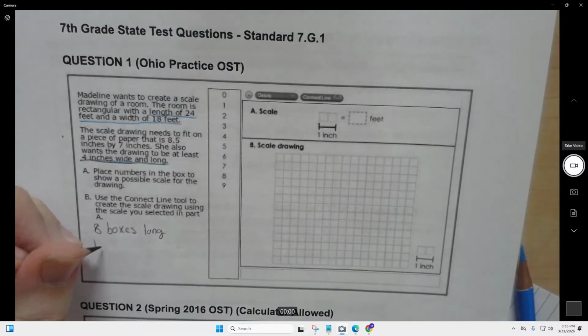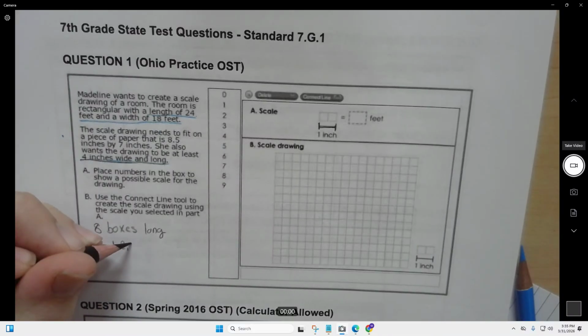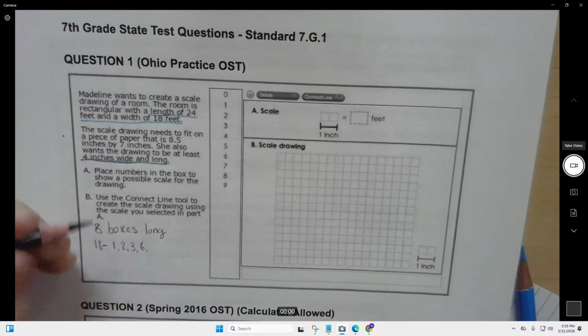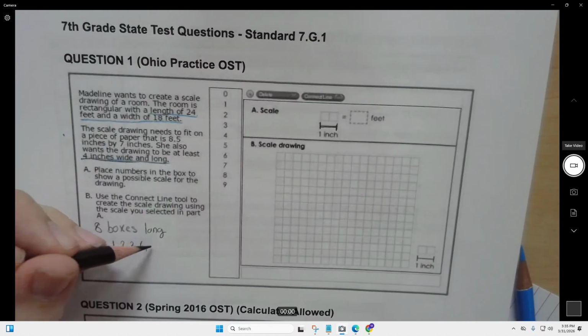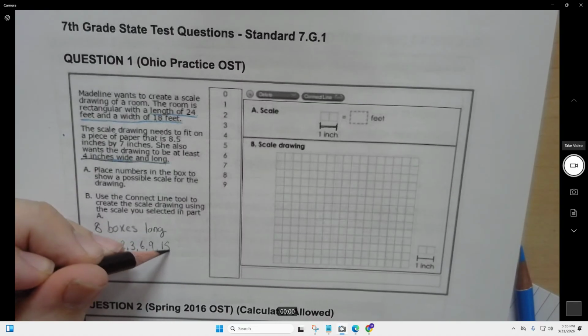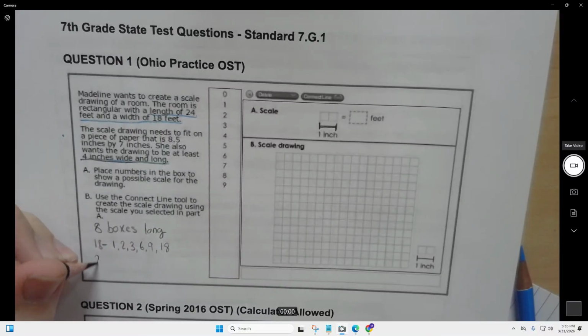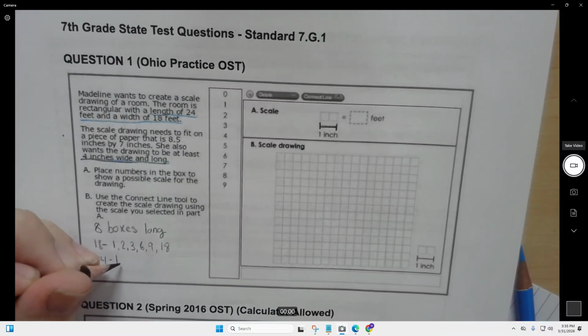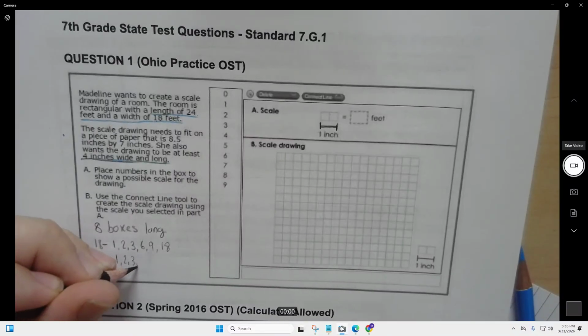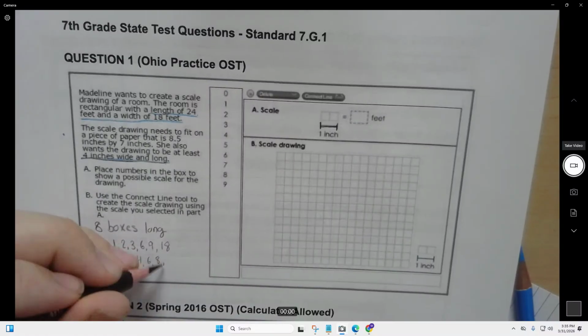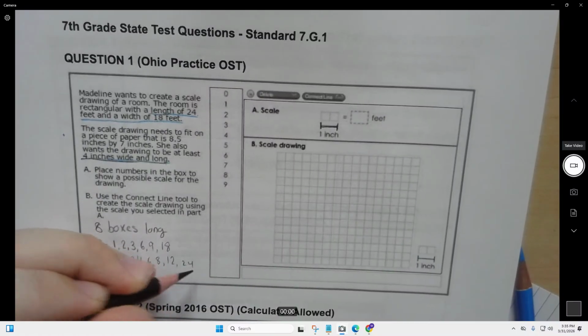So let's look at the factors of 18. We have 1, 2, 3, 6, 9, and 18. And 24 has 1, 2, 3, 4, 6, 8, 12, 24.